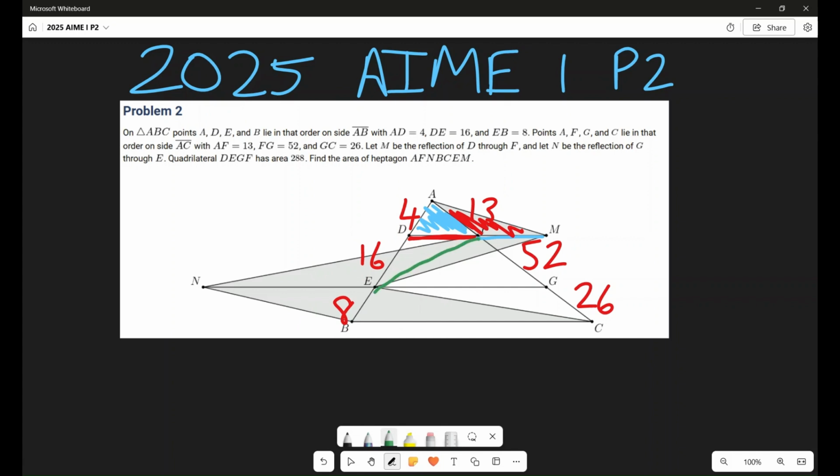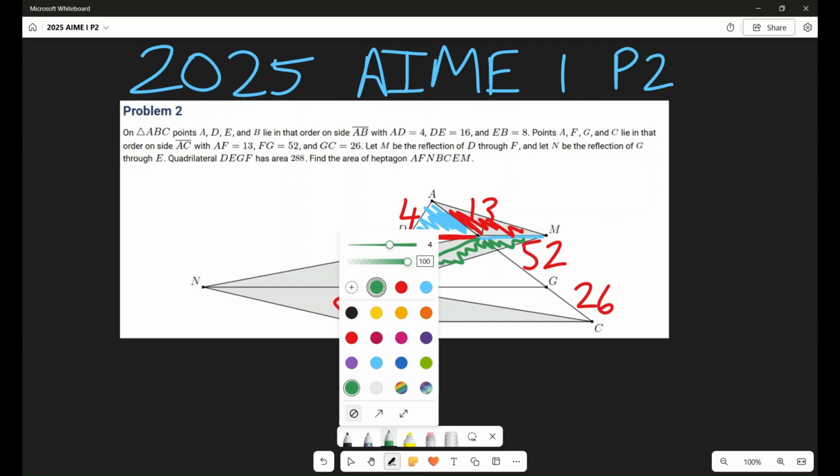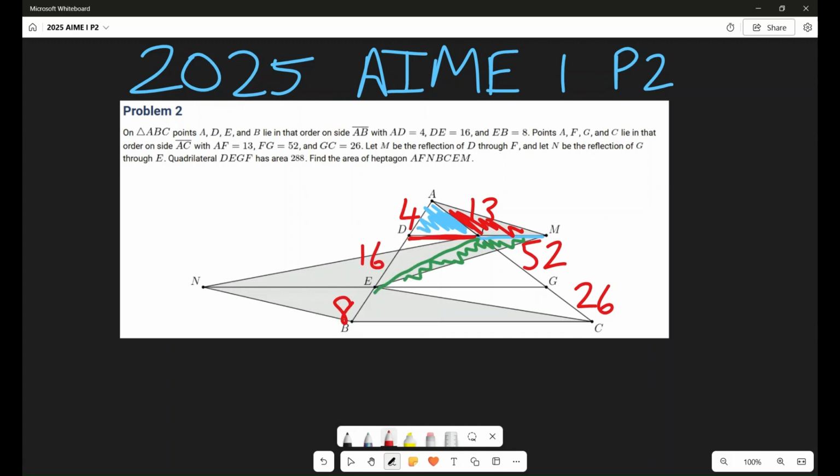If we draw this line, right, by the same idea, the area of this triangle here is equal to the area of, let's actually go to red, the area of this triangle, because those two bases are the same and it's going to the same point E, right? So it's the same altitude.